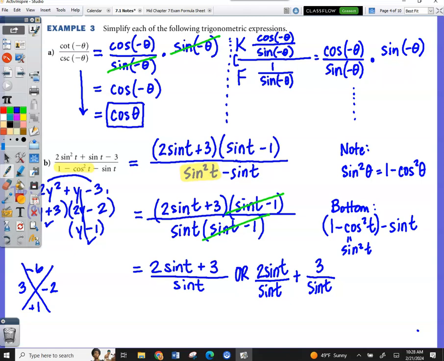Because what happens right here, nice and neat. This cancels and leaves me with 2. And then what is the reciprocal function when sine's in the bottom? Cosecant. So this right here is actually just 3 cosecant t. And that would be the final answer.